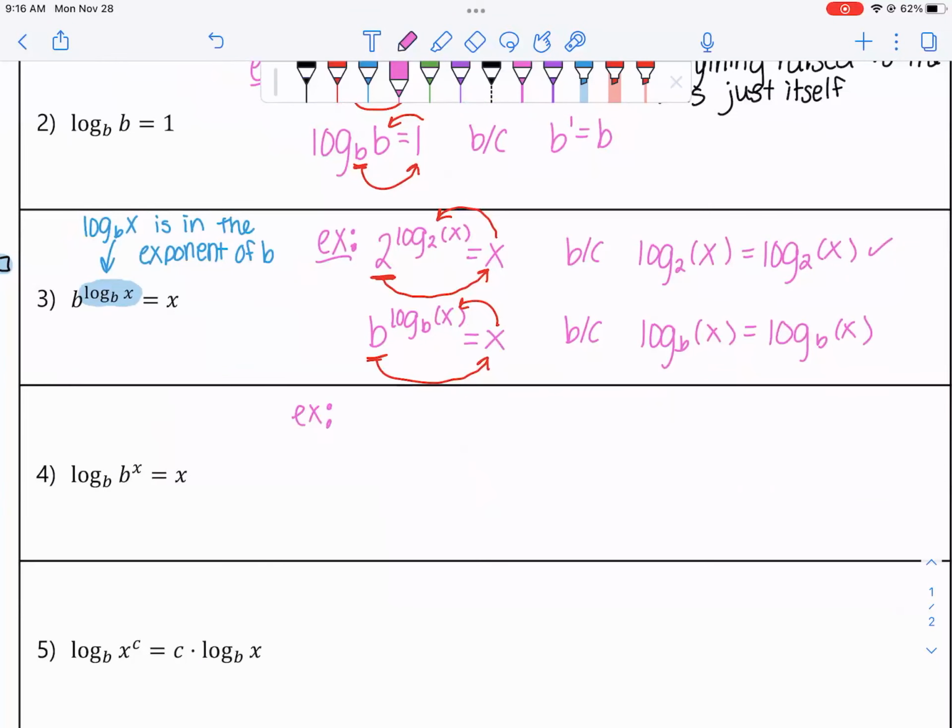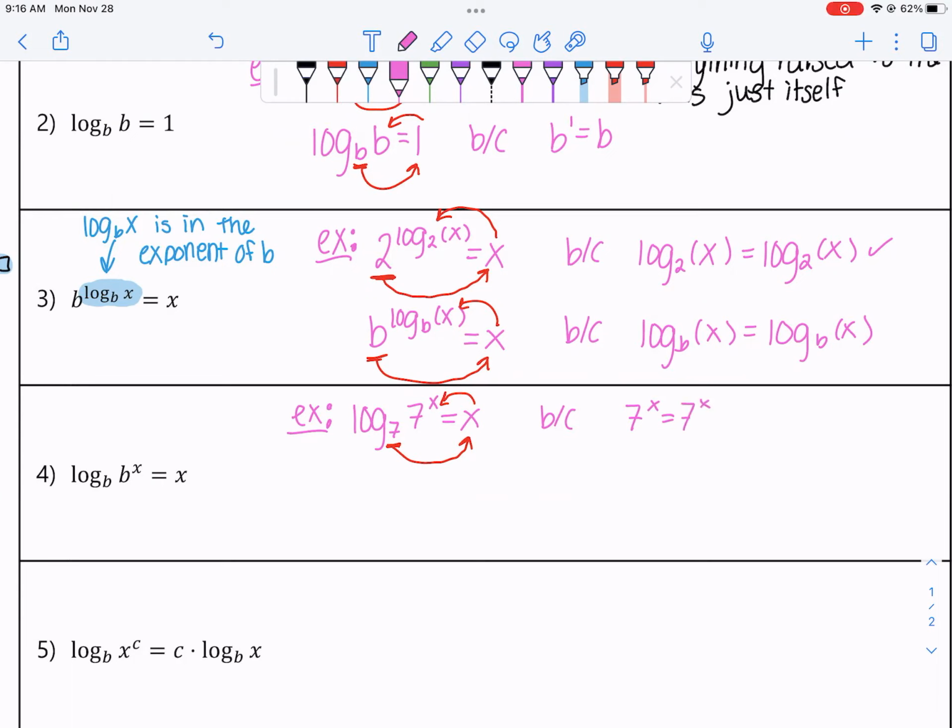Well, what's a good number? I don't know, 7. I like the number 7. Let's do log base 7 of 7 raised to the x equal to x. Let's see. All right, start at the base, 7, raised to the x is equal to, back again, 7 raised to the x.